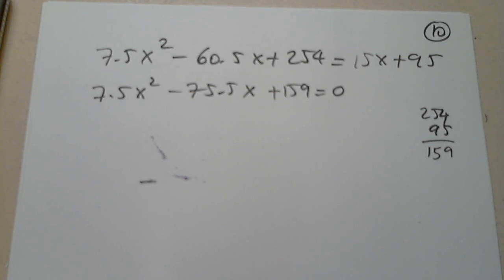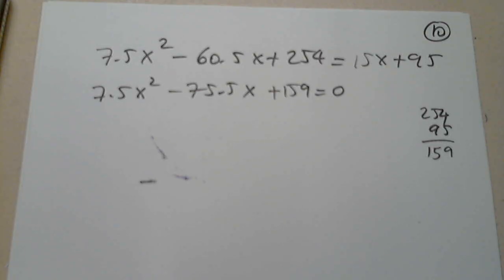Number 9, polynomial root finder. It's quadratic, yes. Carefully enter the coefficients. 7.5 is the leading coefficient. Negative 75.5 is the middle coefficient. And the free term is 159.